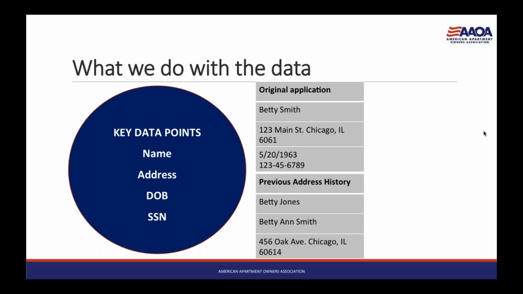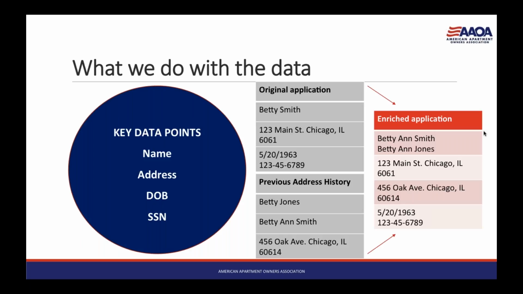And maybe another time she used a middle name, Betty Ann Smith. And maybe there was another address that she lived at that she didn't tell you about, and we found it because of her social. And here's 456 Oak Avenue. So what results there is an enriched application. Now we have Betty Ann Smith, Betty Ann Jones, and 2 different addresses to search for.